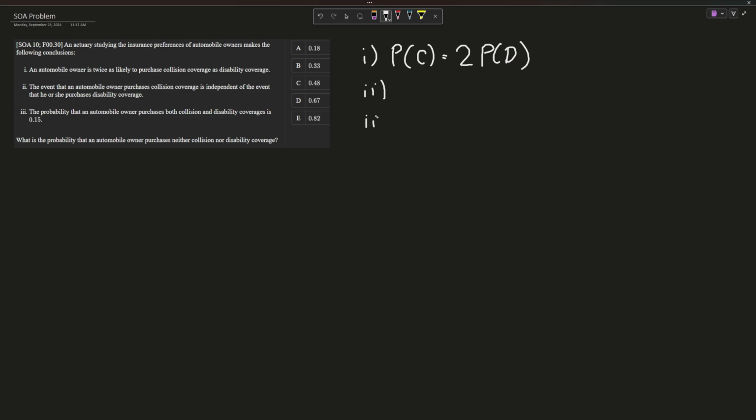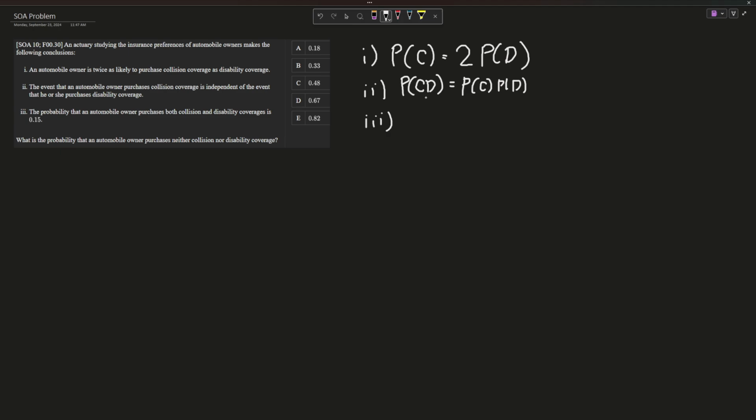Let's have 1, 2, and 3. 2: The event that an automobile owner purchased collision coverage is independent of the event that he or she purchases disability coverage. So that just means the probability of C times the probability of D. This is just the definition of independence right here.